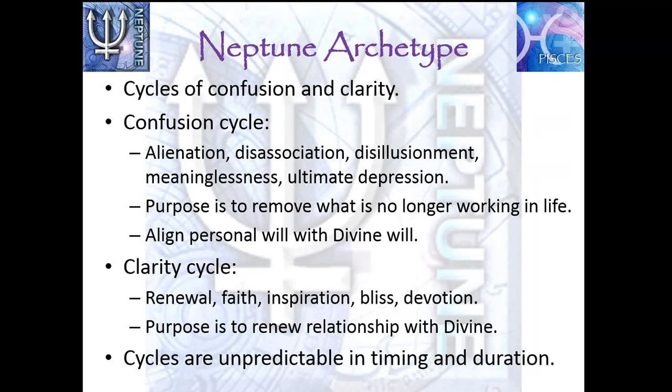And so when we get triggered into a confusion cycle, we find those Neptunian words: alienation, disassociation, disillusionment, meaninglessness, depression on some of the ultimate level. We go through that because it turns us inward. Neptune retrograde, again, is going to emphasize this, and the purpose is to dissolve, to remove what is no longer working in our life.